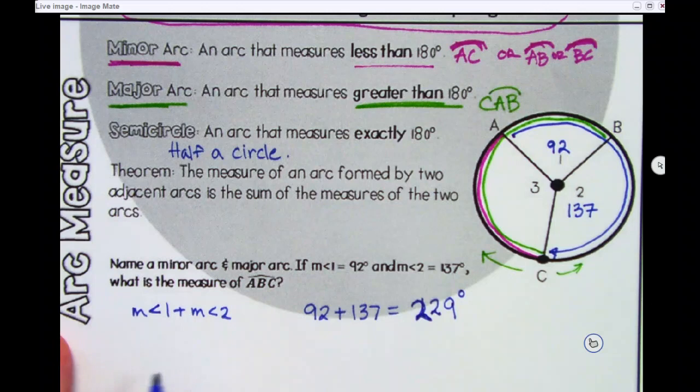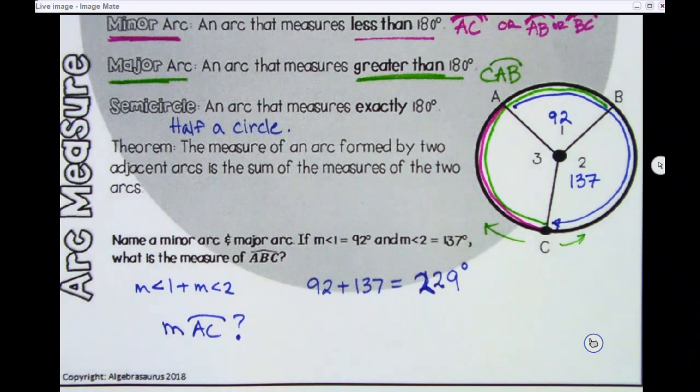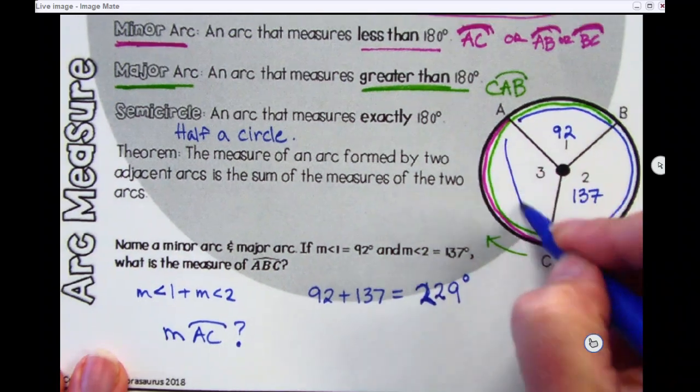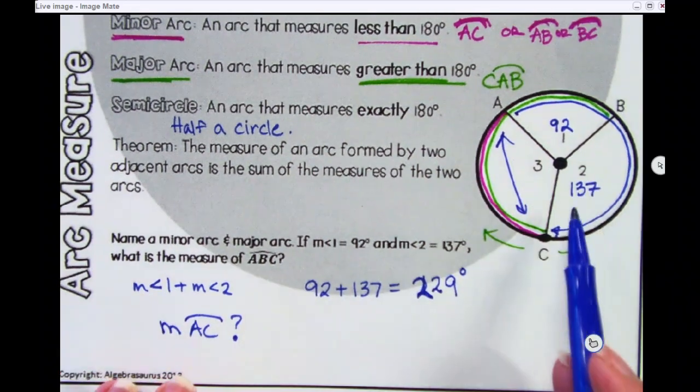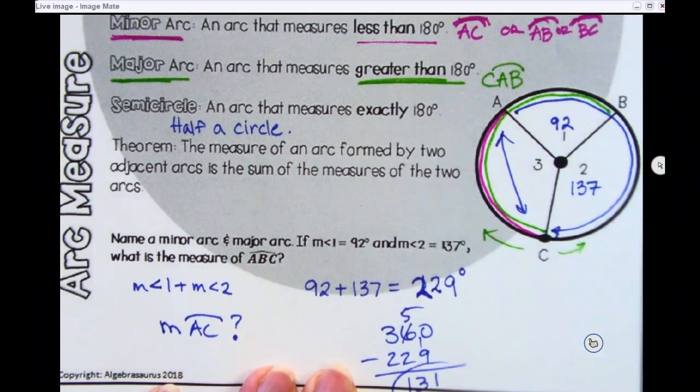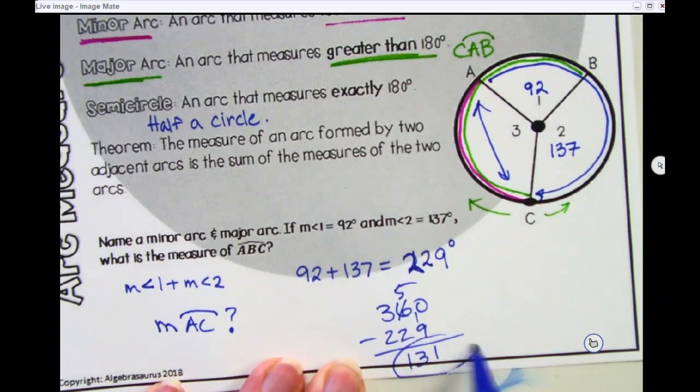Now I'm going to add one more little piece. What is the measure of arc AC? How am I going to figure that out? I don't know the measure of this guy right here, and this is what I'm looking for. So I'm going to do 360 minus 229. 131.